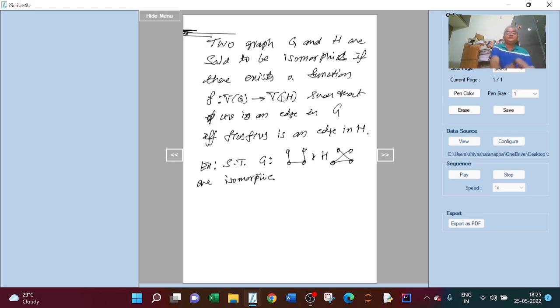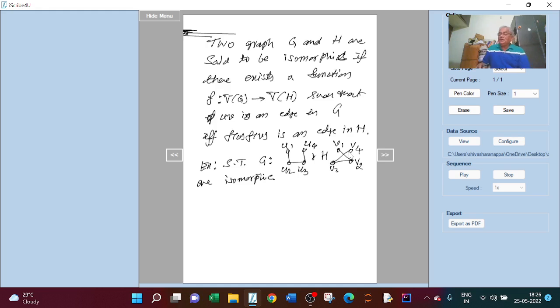To show that G and H are isomorphic, I label the vertices of G as U1, U2, U3, U4. Correspondingly, I will label the vertices of H as V1, V2, V3, V4.